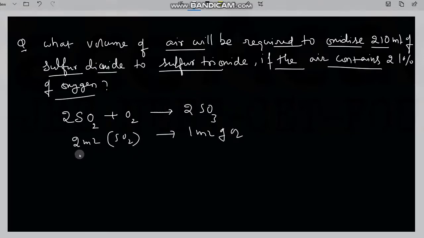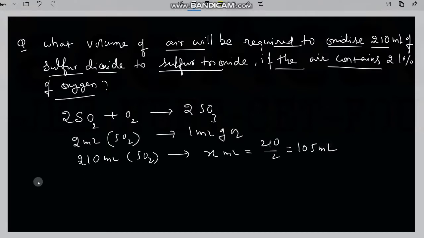According to the problem, if 2 ml of sulfur dioxide is there, how many ml of oxygen is required? That equals 210 by 2, which is 105 ml.